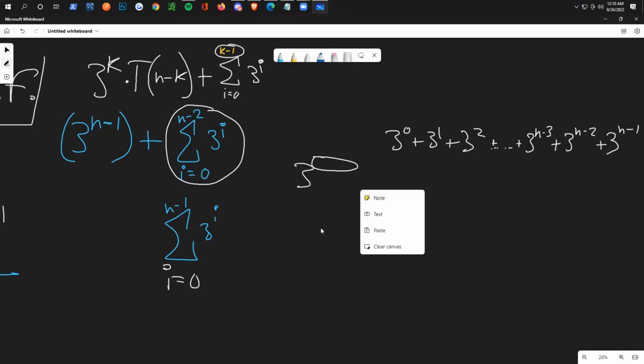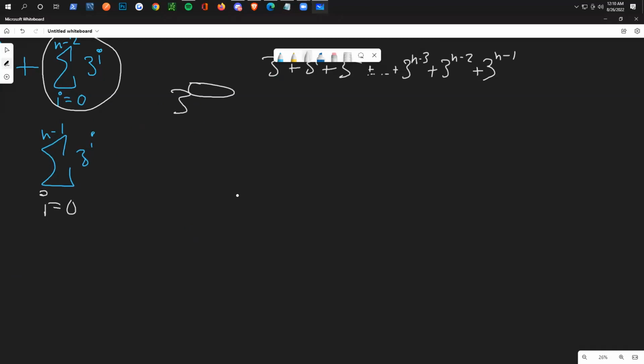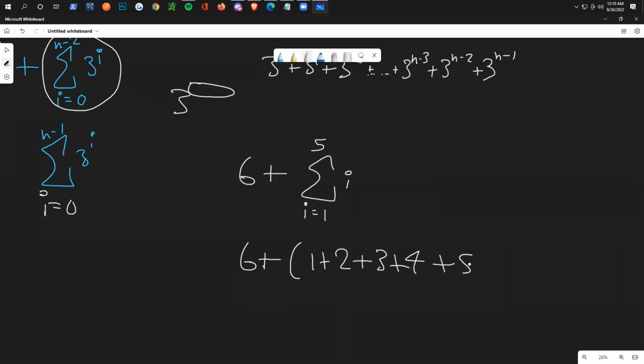A way I like to explain it is, let's say you have something like 6 plus the summation from i equals 1 to 5 of i. Of course, this is just going to end up being equal to 6 plus 1 plus 2 plus 3 plus 4 plus 5.